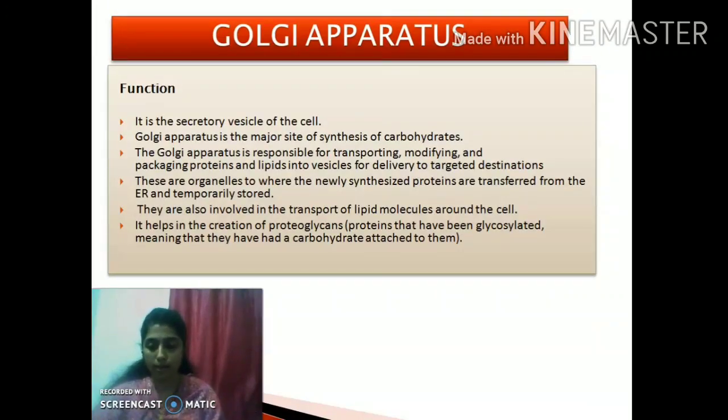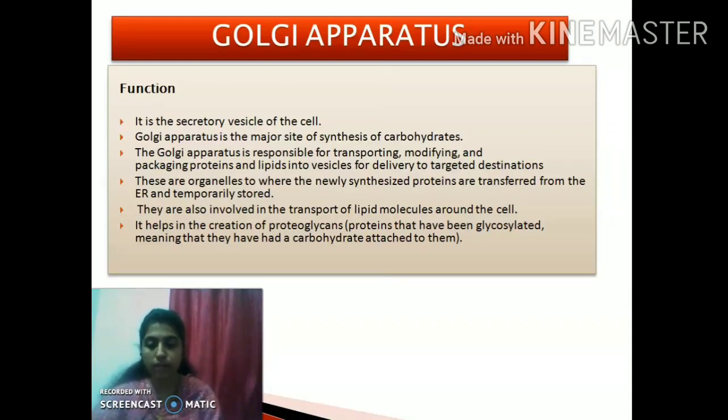So now, as we have already discussed the structure of the Golgi apparatus, hope it's clear to all of you. Now let's move to the major functions played by the Golgi apparatus within eukaryotic cells. Clear? At the very beginning, you must know that the Golgi apparatus or Golgi bodies are termed as the secretory vesicle of the cell.